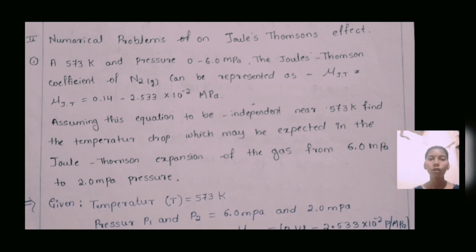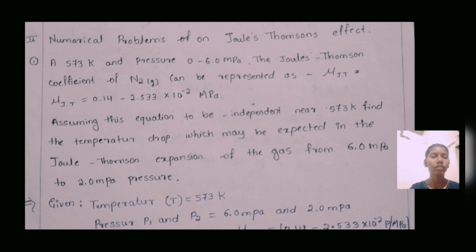And my second topic is numerical problems on the Joule-Thomson effect. Problem number 1. At 573 Kelvin and pressure 0 to 6 megapascal, the Joule-Thomson coefficient of N2 gas can be represented as mu JT is equal to 0.14 minus 2.533 into 10 raised to minus 2 P megapascal.